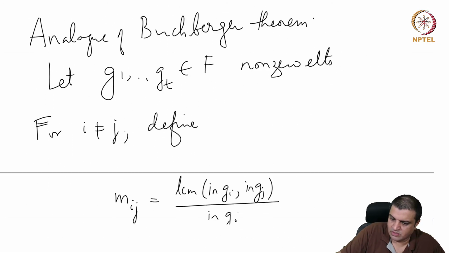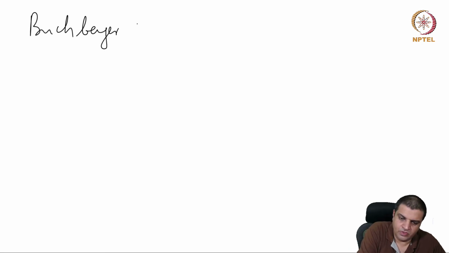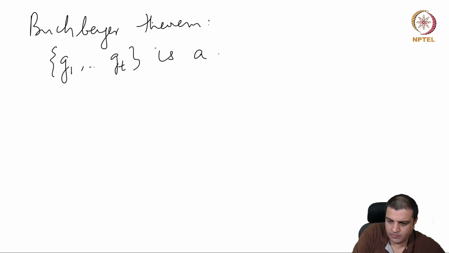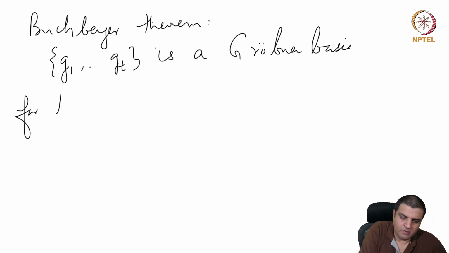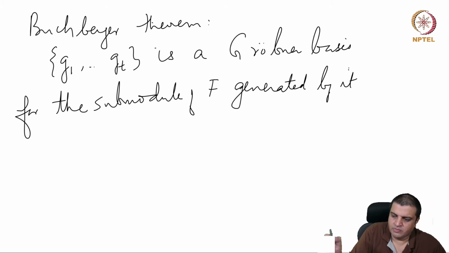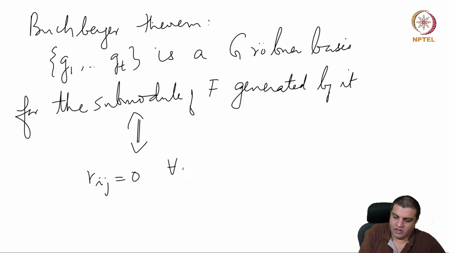Buchberger criterion, the theorem. Buchberger's theorem was for ideals, but it can be generalized like this: G1 through Gt is a Grobner basis for the submodule of F that it generates, if and only if Rij is 0 for all i different from j.